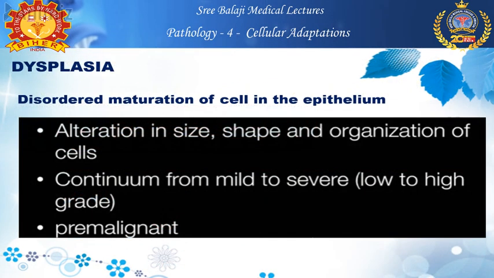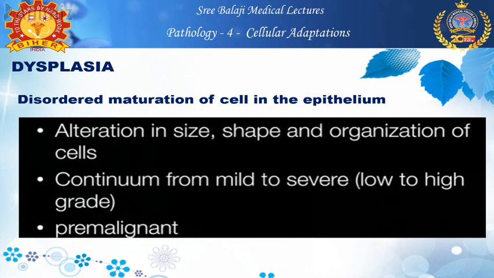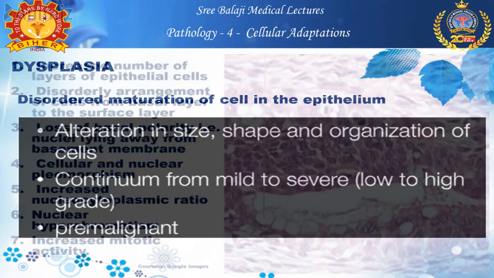So the last is dysplasia. This is the disorderly maturation of cells in the epithelium, where there is alteration in the size, shape and organization of the cells, where a continuum of mild to severe grade is present, and it is also a pre-malignant condition.